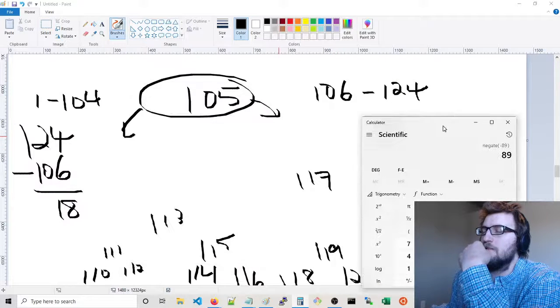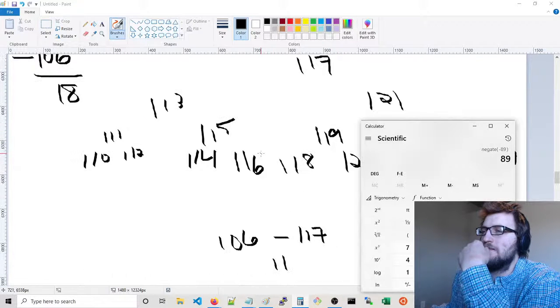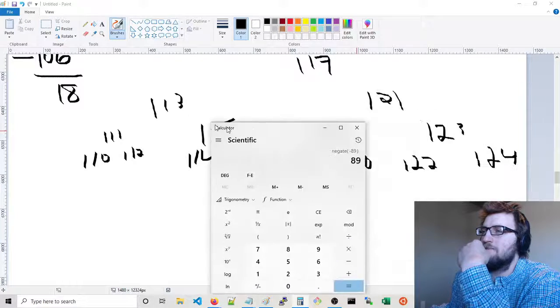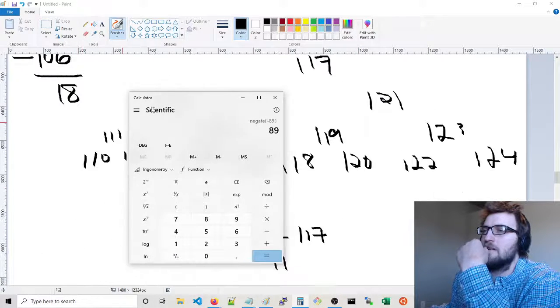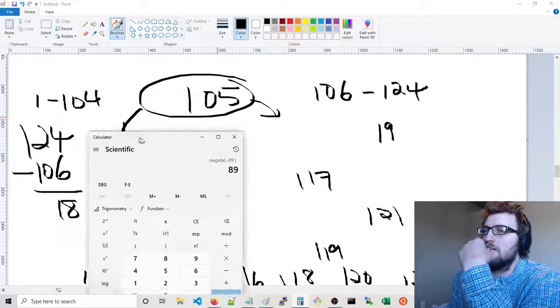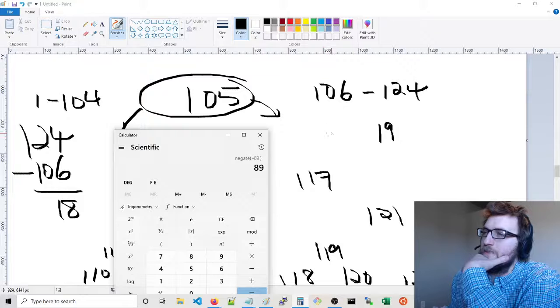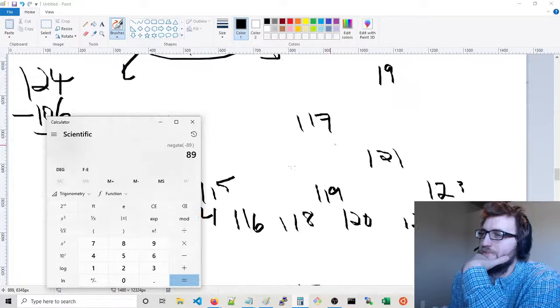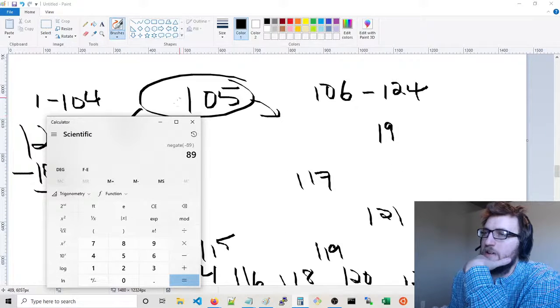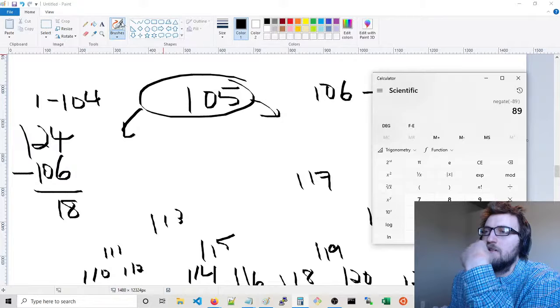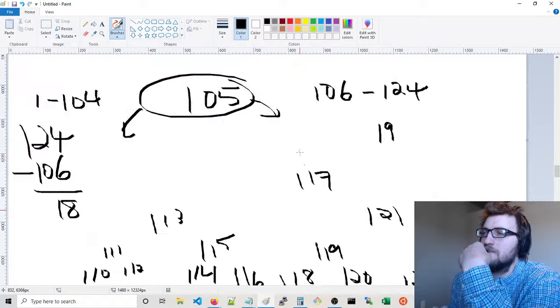What happened here? This doesn't seem right, man. So this is somehow 450 on the right side. 117 plus 121 plus 123 minus 450, somehow we get an 89 over here. This can't be right. There's no way this makes sense.